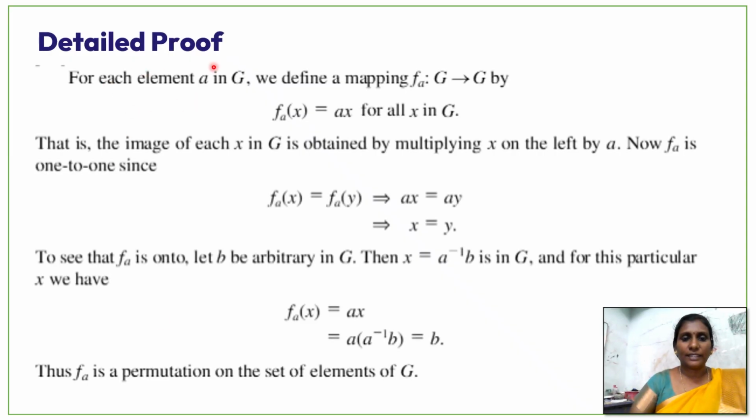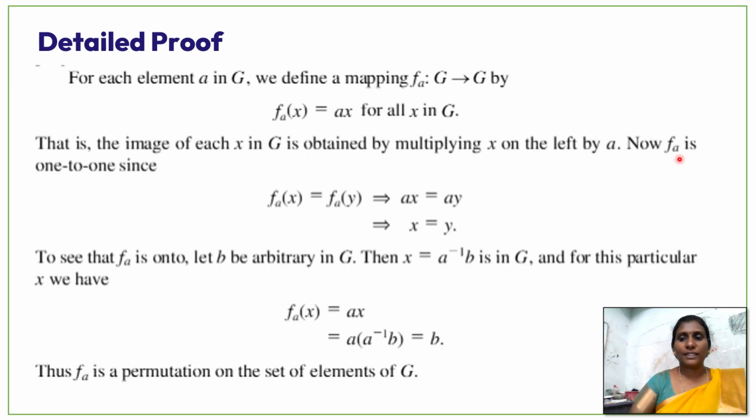We can see the detailed proof of Cayley's theorem. For each element a in G, we define a mapping f_a from G to G by f_a of x is equal to ax for all x in G. That is, the image of each x in G is obtained by multiplying x on the left by a.